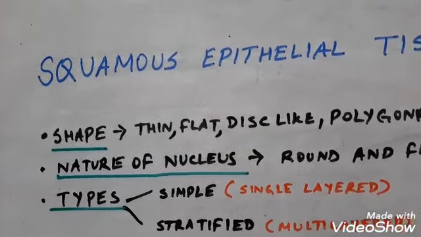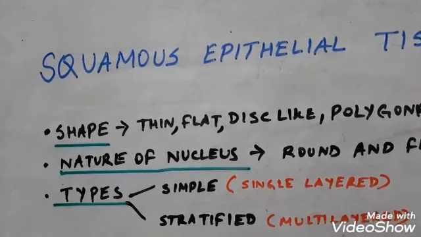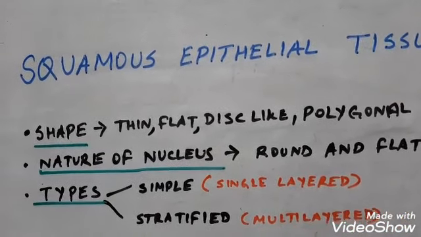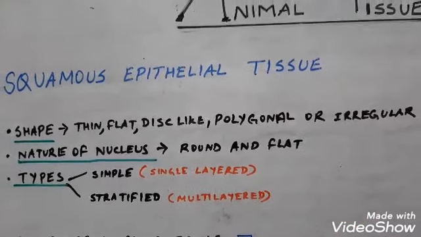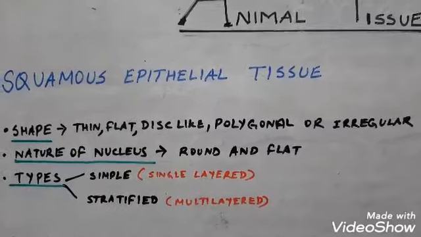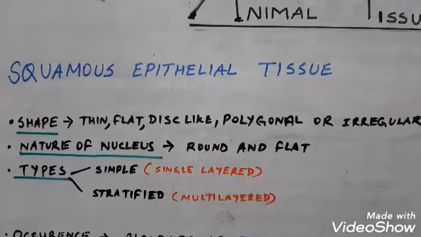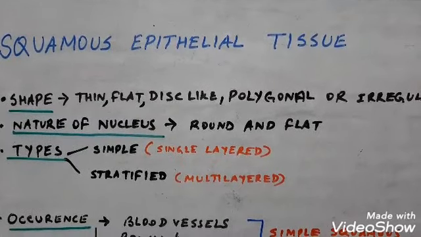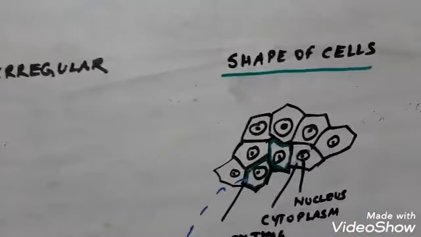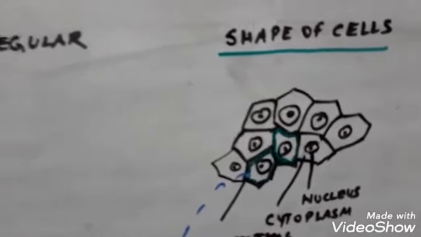The general shape of the cells of the squamous epithelial tissue is thin, flat, disc-like, polygonal or maybe irregular. Now what is the nature of the nucleus of the cells? The nucleus is round and flat. As you can see here, this is the nature of the nucleus, round and flat.